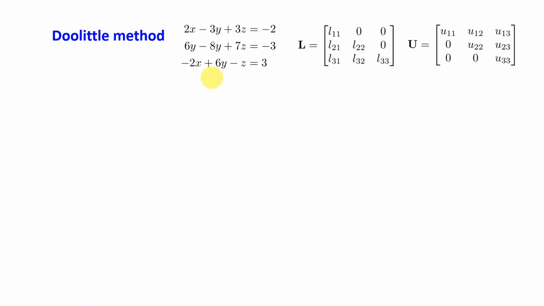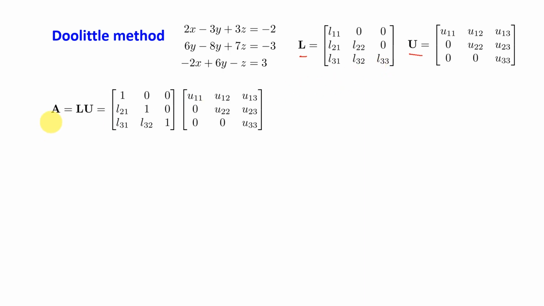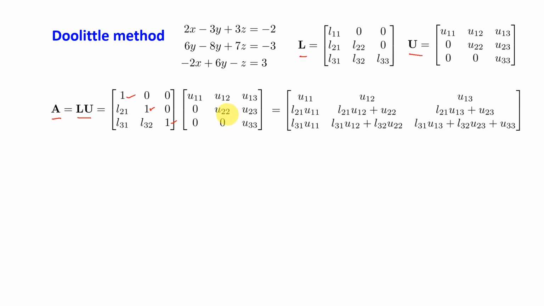So we start with our usual equation and the L and U that we have just described. We know that A is a product of L and U, and in the Doolittle method L11, L22 and L33 are taken to be 1. So now we want to directly multiply this L and U. If we do so, this would be the LU product.